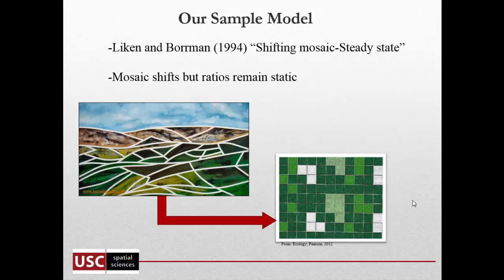To demonstrate NOVA, we thought it would be interesting to model a controversial forest dynamics theory by ecologists Herbert Bormann and Gene Likens. And it's known as the shifting mosaic steady state theory. And this theory states that a forest ecosystem is defined by patches of different species compositions that are undergoing varying stages of succession, which is the replacement of one species set by another.